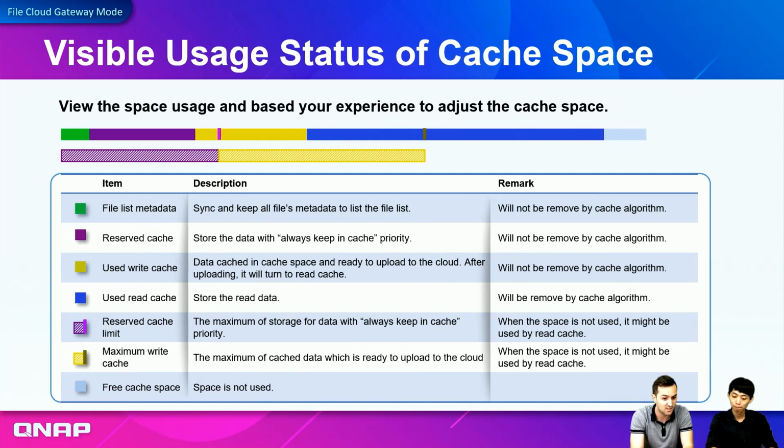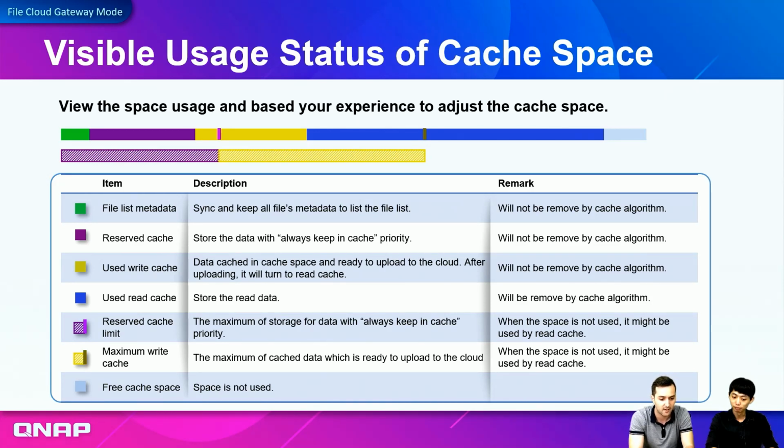So these are the three that will not be removed by the cache algorithm. We also have to understand what each color means, because for example the yellow one that we see here has data cached in cache space and ready to upload to the cloud. After uploading, it will become purple again.